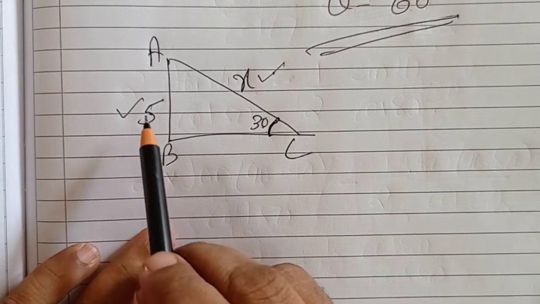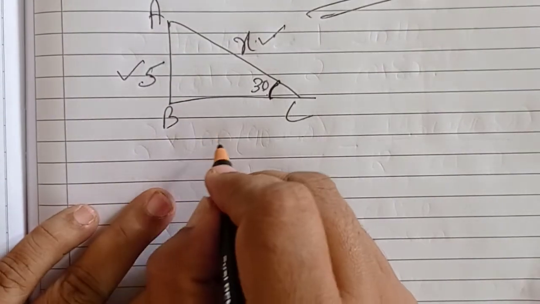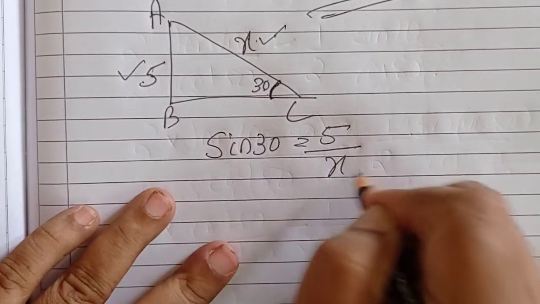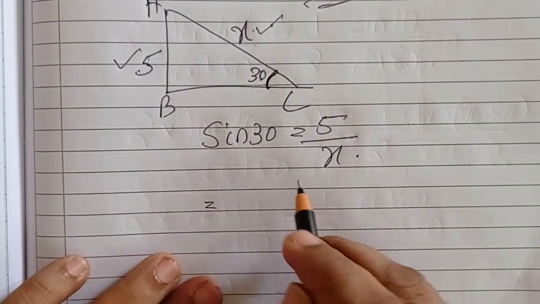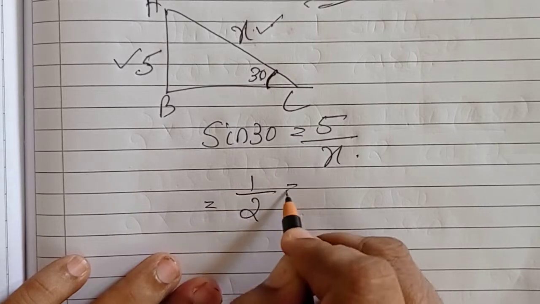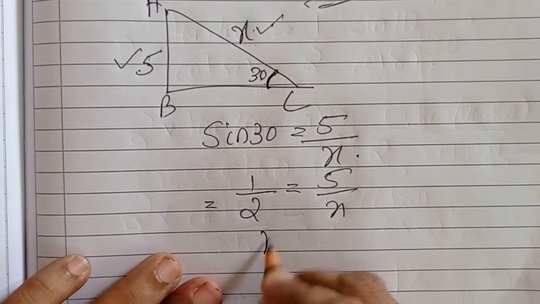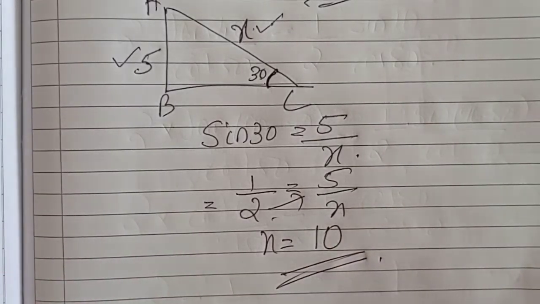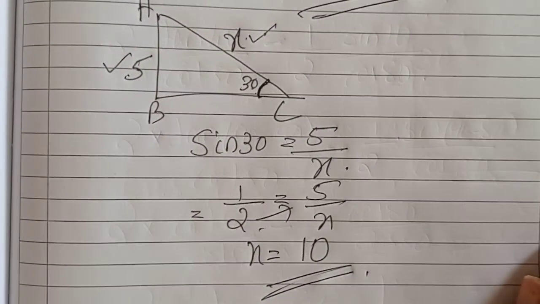What's the relation connecting opposite and hypotenuse? Yes, sine 30 is equal to opposite by hypotenuse. Can you say what is sine 30? 1 by 2 equal to 5 by x. Therefore, x is equal to, cross multiply, 2 fives are 10. Hypotenuse x is equal to 10.